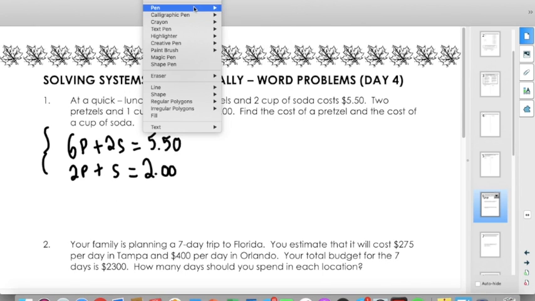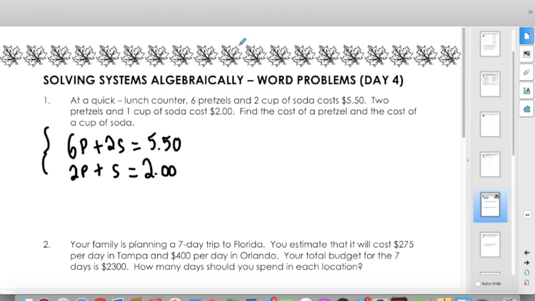If I'm doing elimination, I know that I'm trying to eliminate one of my letters. If I look here, I think the easiest letter to get rid of would probably be the S. So I want to multiply this bottom piece by -2. I have to multiply each piece by -2.